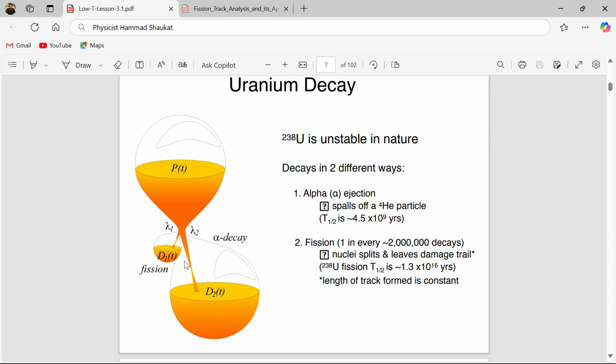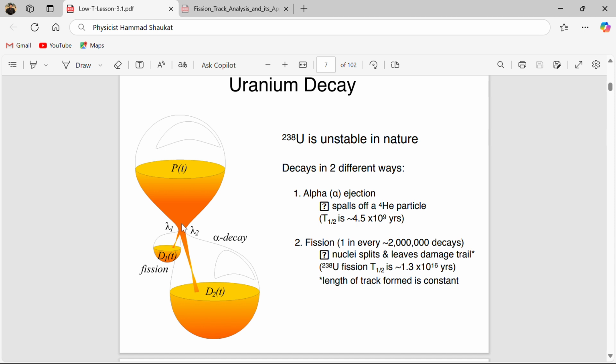Uranium also decays by fission, and one in every 20 lakh decays, this only happens in one of the 20 lakh. There is a chance, a probability, that your uranium decays by the fission reaction.